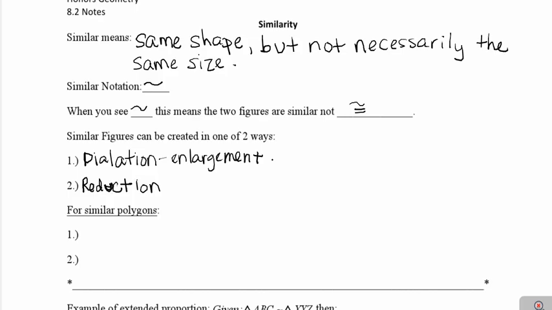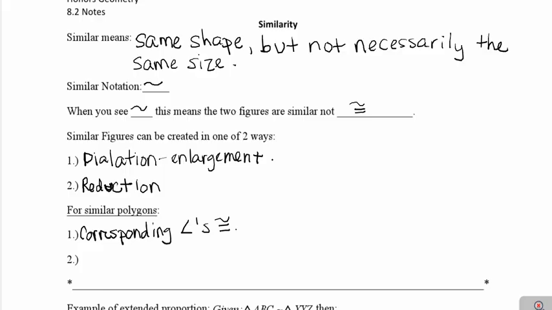For similar polygons, there are two things that you need to know. All corresponding angles in similar polygons are congruent. This is no different than congruent figures. We know that congruent figures, their corresponding angles are congruent, just as well as similar polygons, their corresponding angles are also congruent.